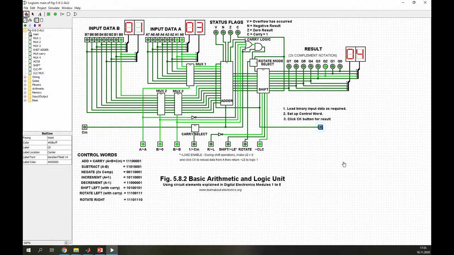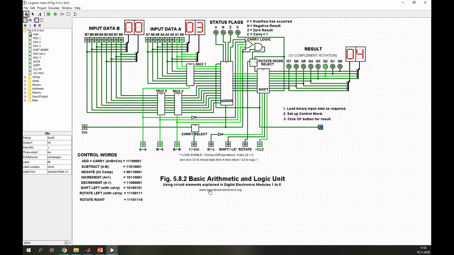So for example, if we want to do a decrement, we will decrement the A input. So we reset the B input. And then if we decrement by 1, we have to set the control bit. And if you look onto this control bit, it's already the command.